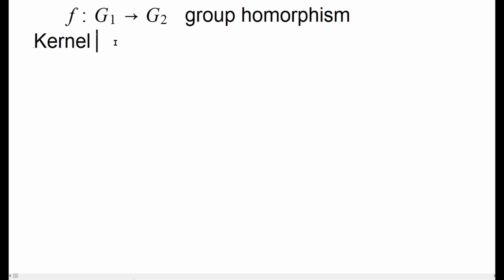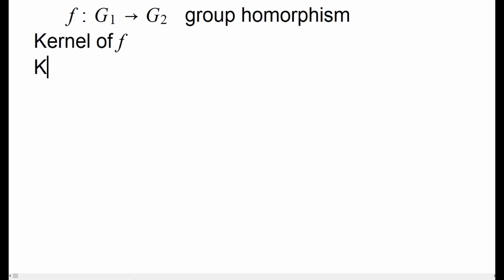So it will be the essence of a homomorphism in many senses. And for isomorphism also, it tells us an important property.